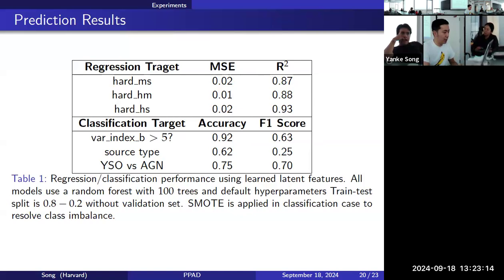So I imagine with more tuning on both the PPAD pipeline, that is my pipeline, or on the classifiers you use, you can probably get higher results.